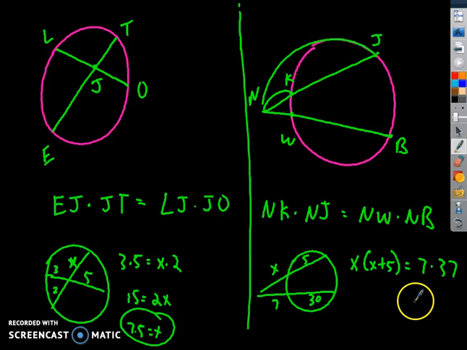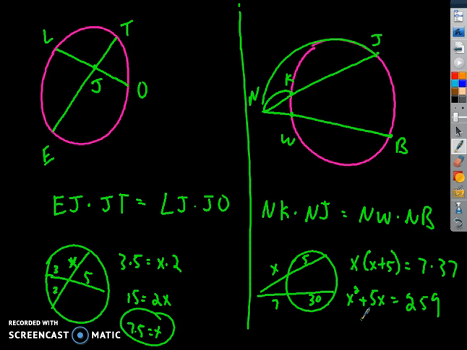So it's a quadratic equation. This is X squared plus 5X equals whatever 7 times 37 is. I guess it's 258. No, 259. So I'll subtract 259, use the quadratic formula, and be done with it. I can solve for X using that fact. So it's a really nice theorem to have.